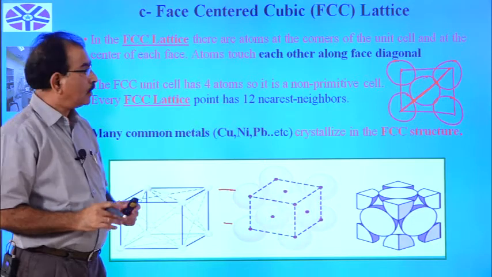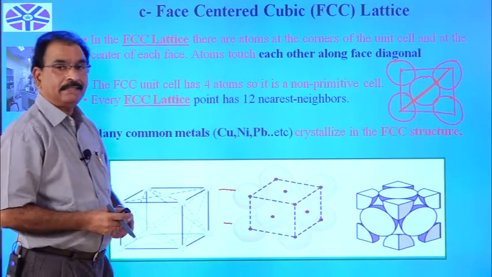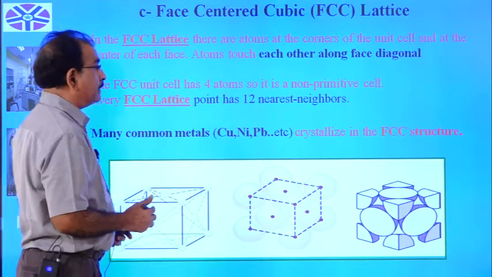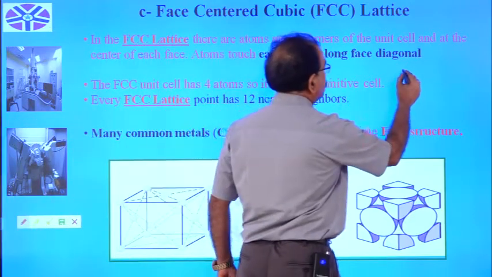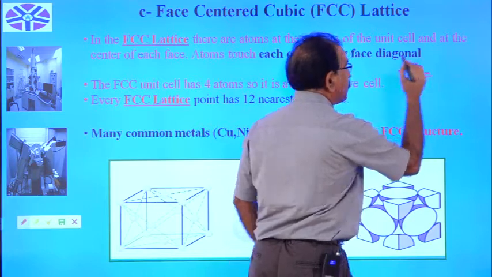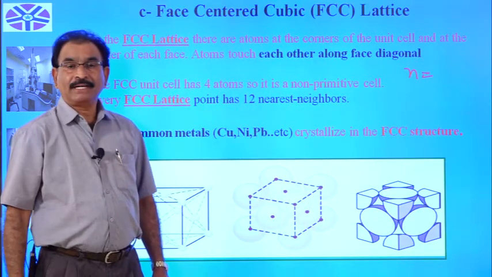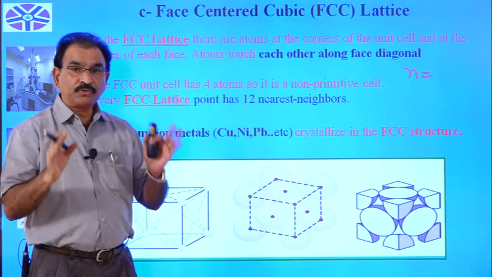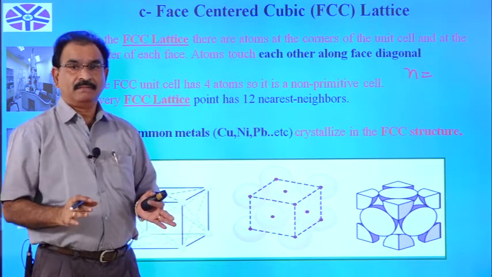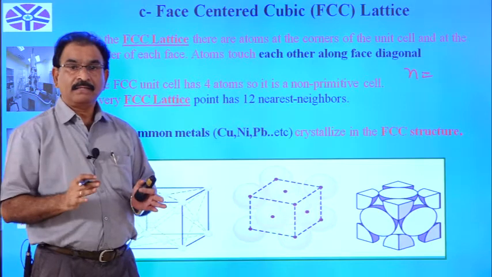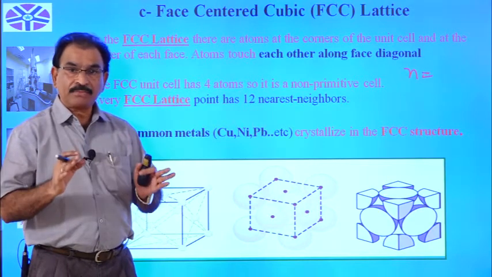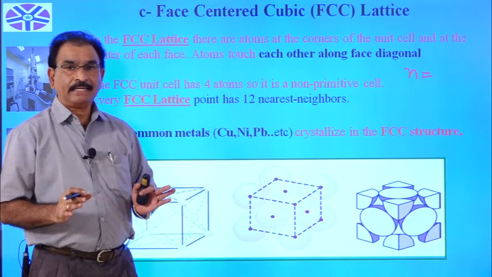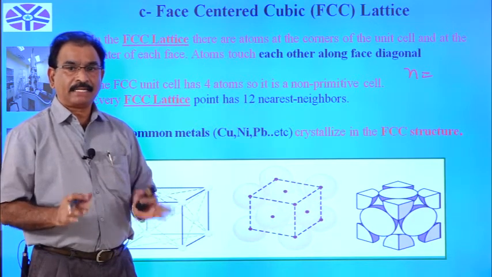Okay. Now, we will calculate other parameters. First, let me calculate n. What is n? Can you recollect? n is nothing but the effective number of points, that is, the number of atoms per unit cell, the effective number of atoms.